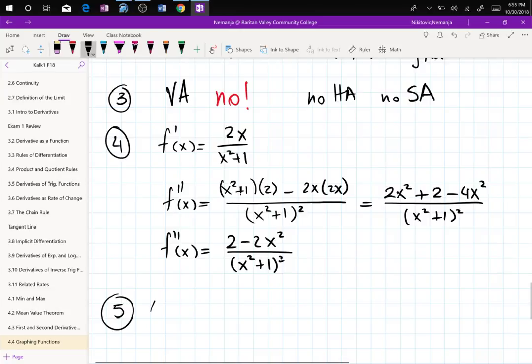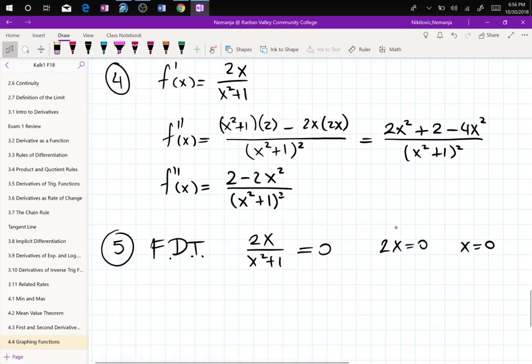Number 5, first derivative test. This is where we set our first derivative, 2x over x squared plus 1, equal to 0. 2x equal to 0, x equal to 0. So now that x equals 0, which we know is 0, 0 as a critical point, is it going to be a min or a max?